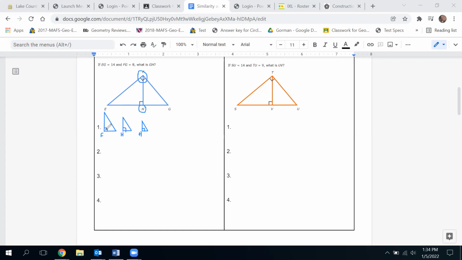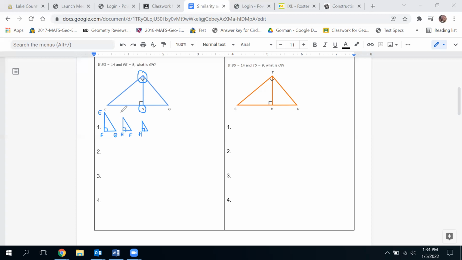Now, finishing the big triangle, we've got F. We've always situated these so that the smallest side is on the bottom. So the smallest side for the big triangle is FG. And this vertex would be E. The smallest side for the medium triangle is always going to be the altitude itself. So it would be HF.